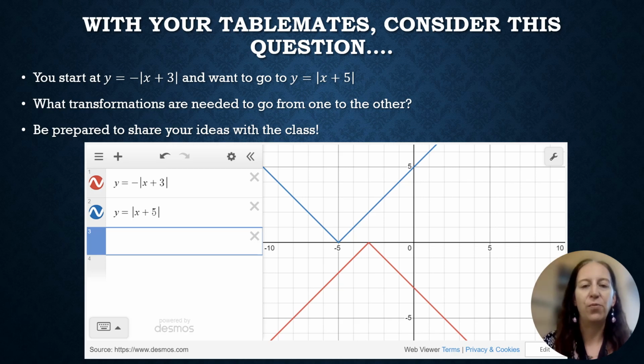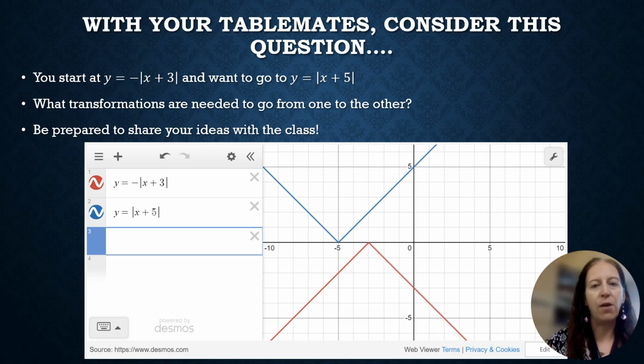Alrighty, so hopefully you did that. So let's take a look at this. For this one, instead of starting with the parent function, I am going to start with the function wherever it is that I wanted to start, which is negative absolute value of x plus 3. So where I'm starting is in a flipped over position and 3 to the left.